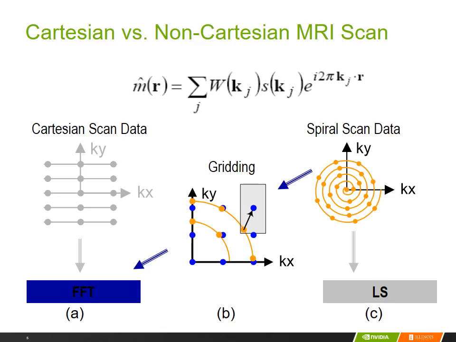So the idea is to perform a computation that would contribute from the spiral data samples into the grid samples according to the physical distance and so on. So this is a method that generates uniform Cartesian scan data samples so that we can use the FFT approach to reconstruct the image.